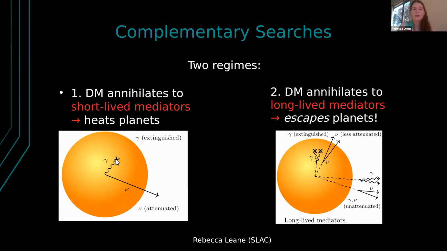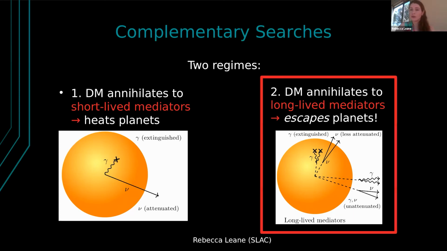But we can also think about the regime where dark matter annihilates to long-lived mediators, so some long-lived particle. This mediator particle is one that just mediates the interactions, or the force. It's a force carrier between the dark sector and the visible sector.